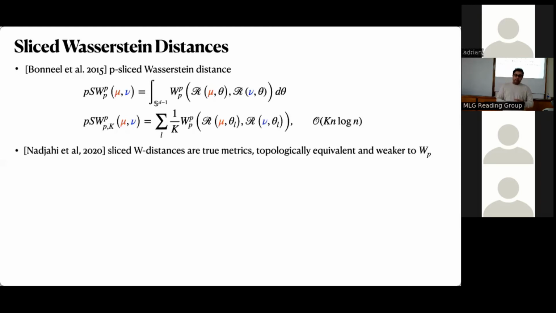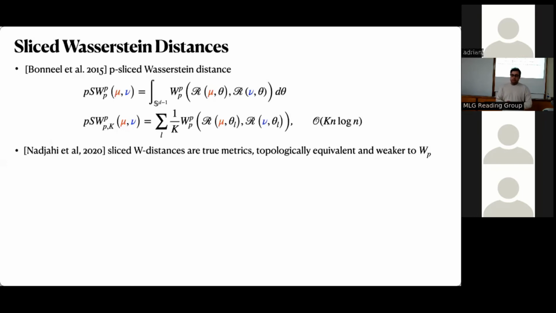And there was very recent work by Nadjahi et al. that showed that these sliced Wasserstein distances are actually true metrics, and the space that they impose upon the two distributions is topologically equivalent to the high dimensional Wasserstein p distance.